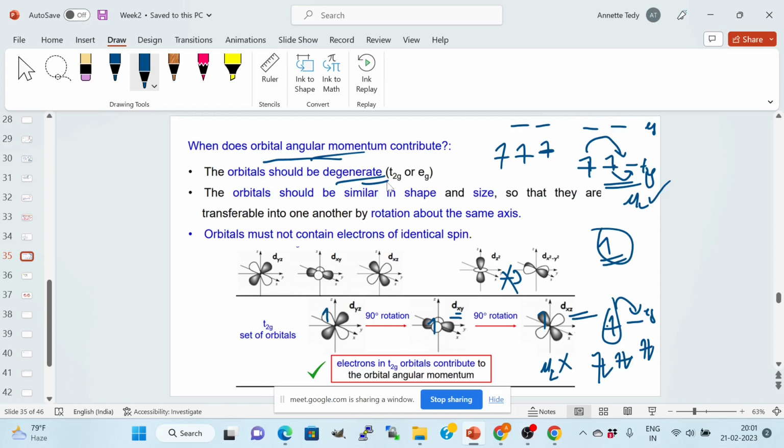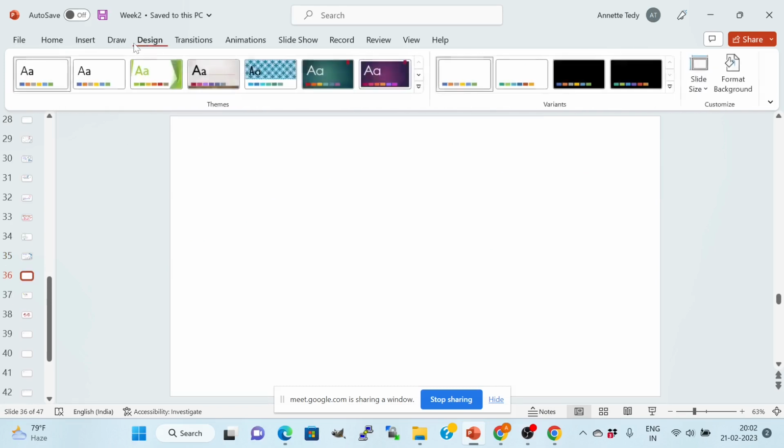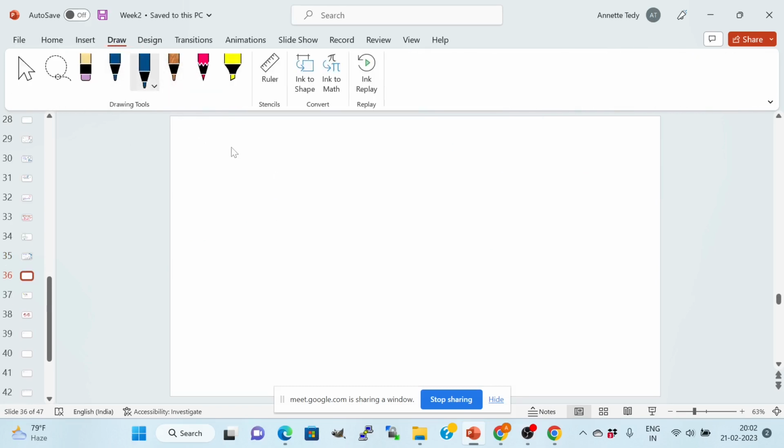For example, I have, say, d4 electrons, and I am in an octahedral field. If I am having a weak field ligand, then I have this kind of electronic configuration.